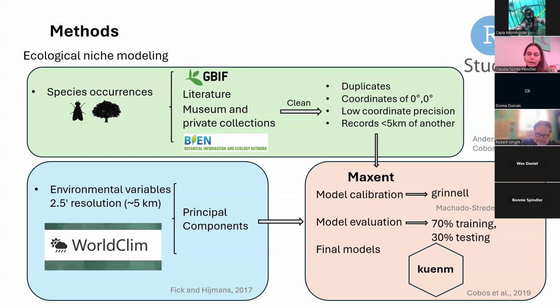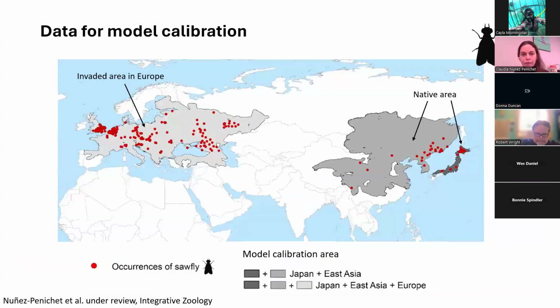And once we have that, we obtain a prediction. I'm going to show you first how we calibrated the model. For calibrating the model, we used occurrences from two different regions. First, we calibrated the models only on the native area, which had all the occurrences reported in Eastern Asia, and projected the models to North America.